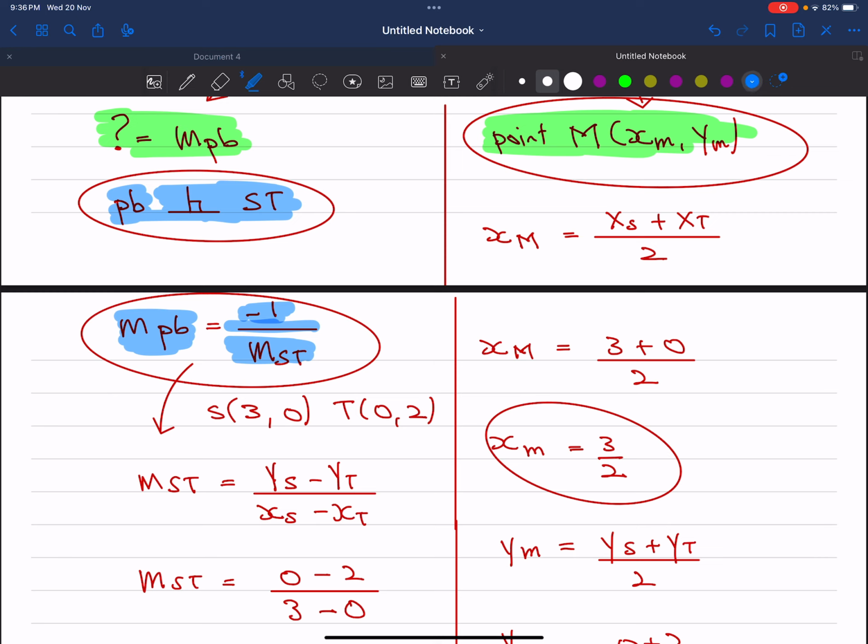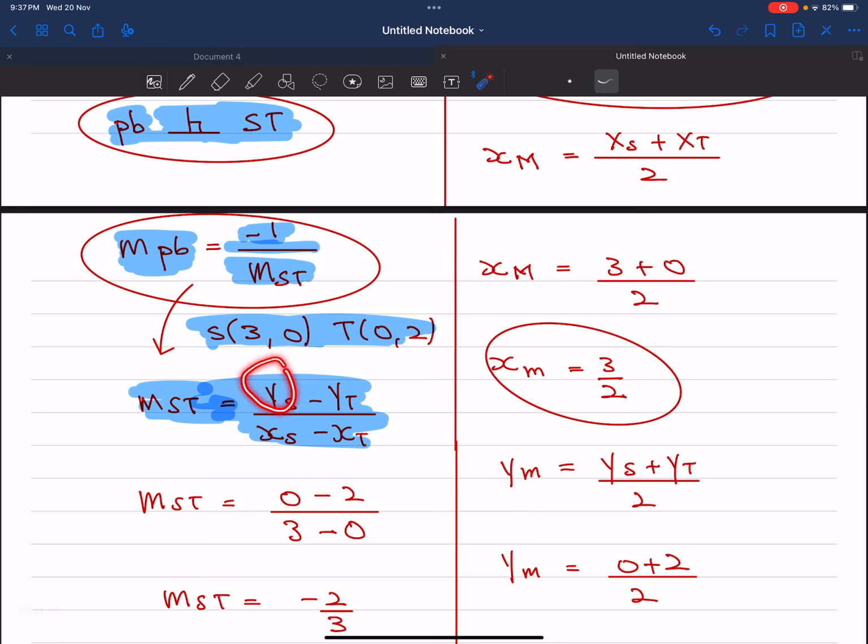For gradient, we use the formula: y minus y over x minus x. It is gradient ST, so ys minus yt over xs minus xt. I've rewritten the coordinates of S and T, so it's easy for us.